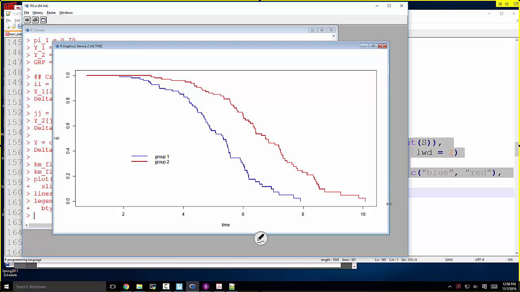Group 1 is blue, group 2 is red, and so what we have evidence of is group 2 having the better prognosis, because at every single time the survival probability for group 2 is higher than that for group 1. In terms of comparing survival prognosis, we're interested in who has survival probabilities that are shifted up with respect to the other. That's the group that is in better position, or has better prognosis.